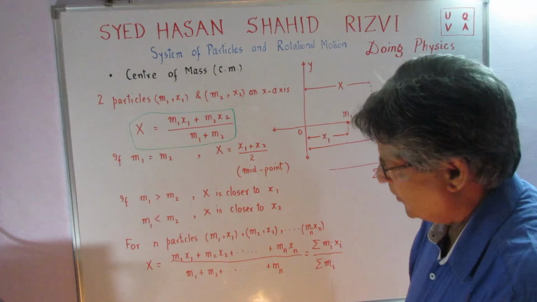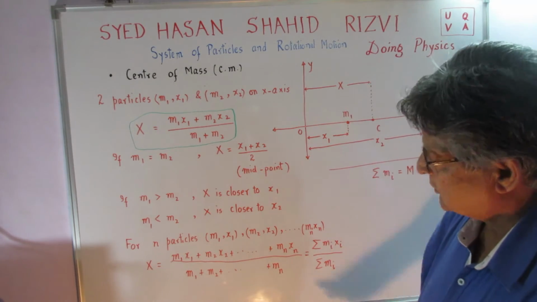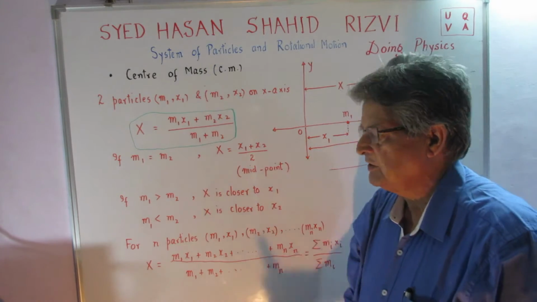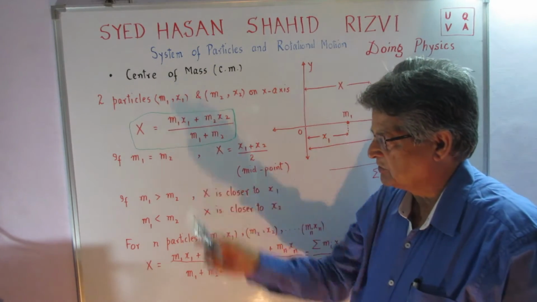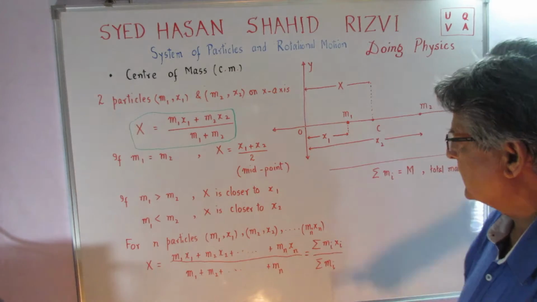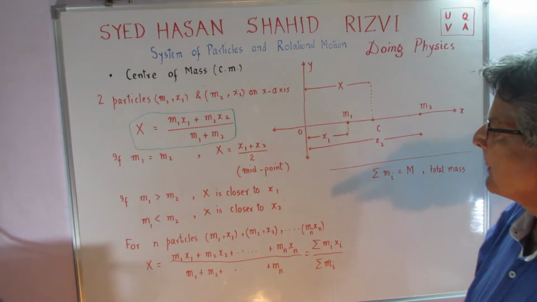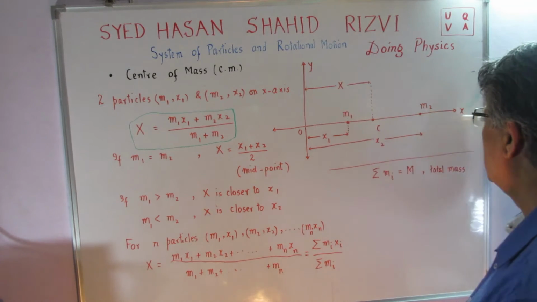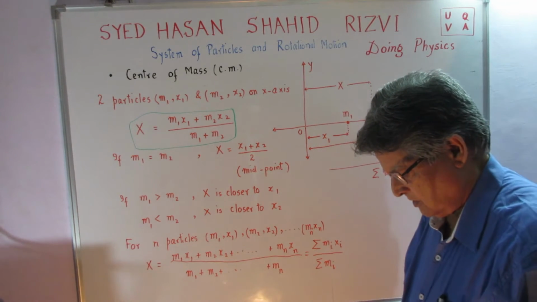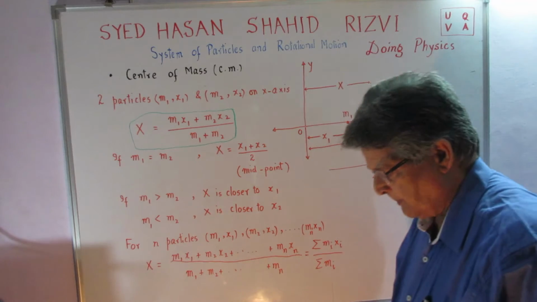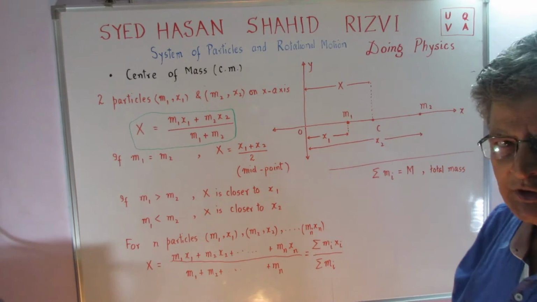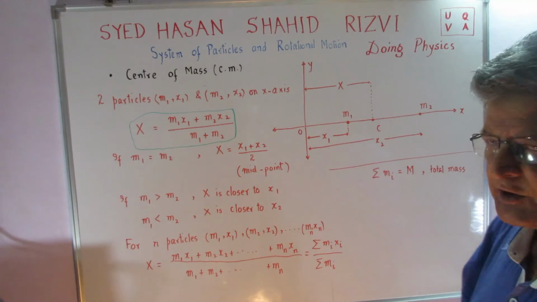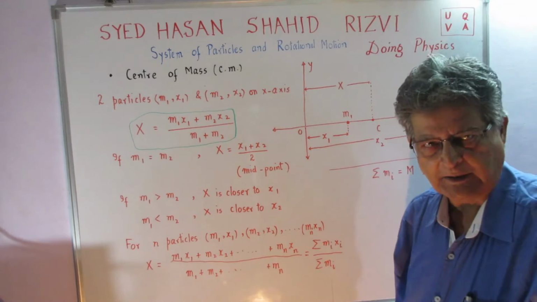So I'm not rigorously deriving it for you, but instead I am taking the definition of the center of mass on the x-axis, this line. I have put an orthogonal axis over here, xy axis, only because I will take up later on two particles in the xy plane.